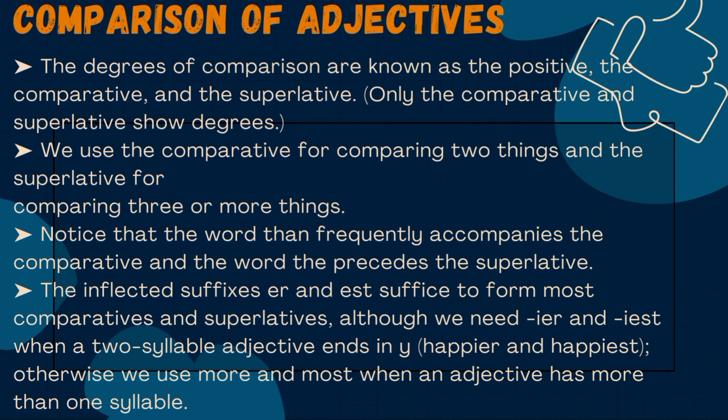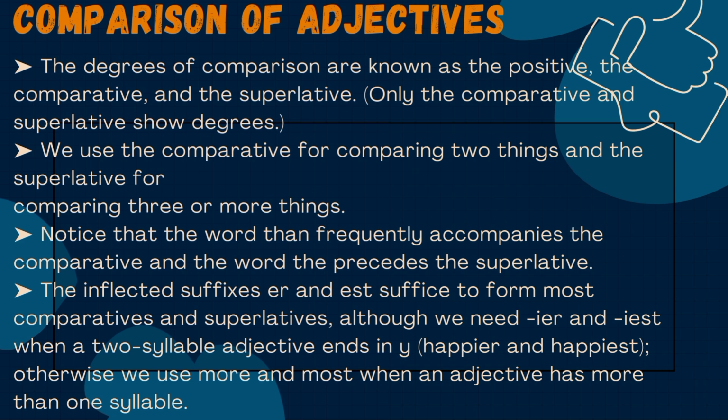Halimbawa, mga halimbawa nito ay malaki. Malaki, ito ay nasa positive, at mas malaki ay nasa comparative. And pinakamalaki is nasa superlative. And affected suffixes er and est suffix to form most comparatives and the superlatives.